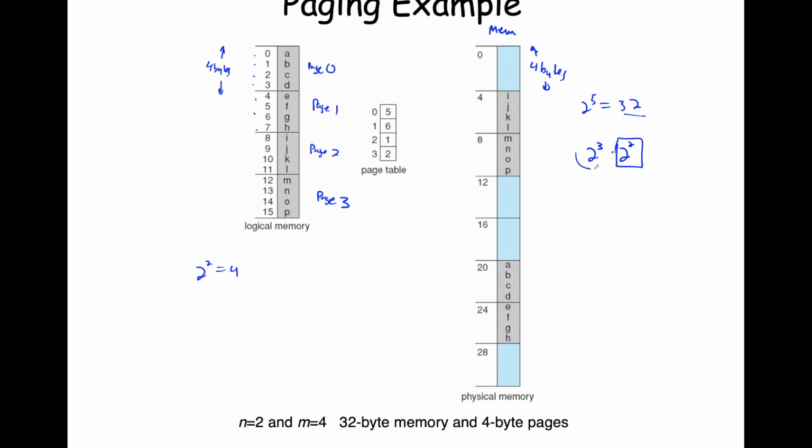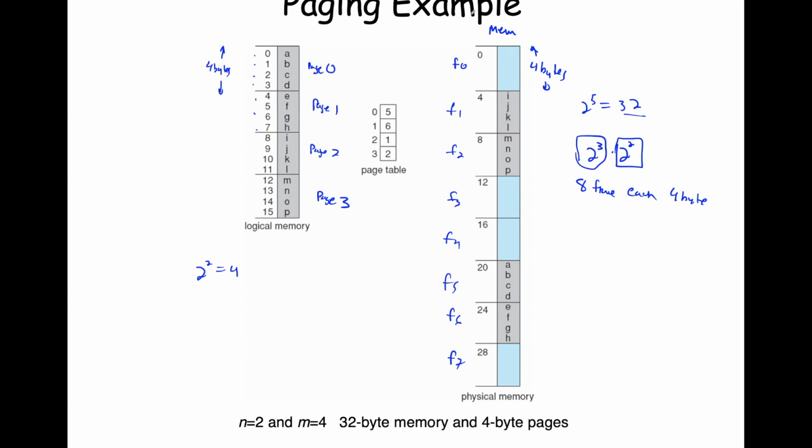So that means we have 2 to the 3 of these 4 byte frames. 2 to the 3 is 8, so that's frame 0, frame 1, frame 2, frame 3, frame 4, frame 5, frame 6, and frame 7. So we have a total of 8 frames, each 4 bytes. 8 times 4 is 32.